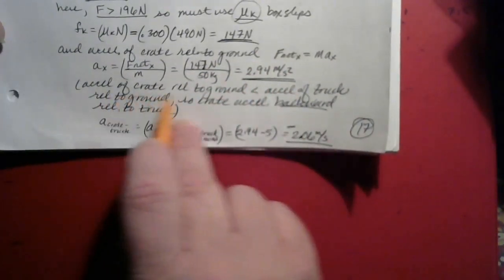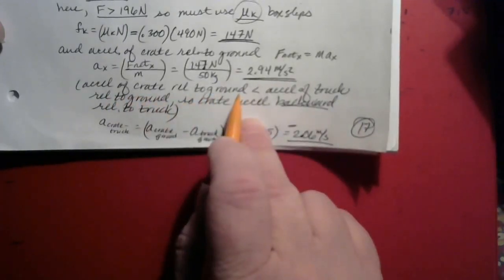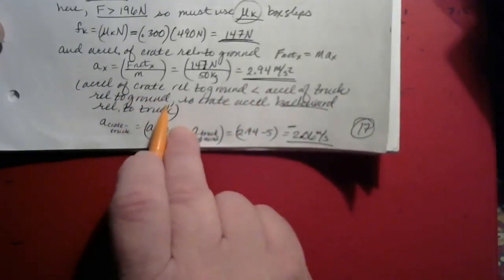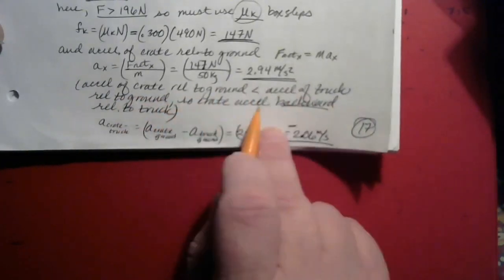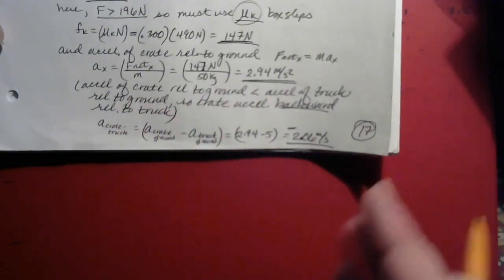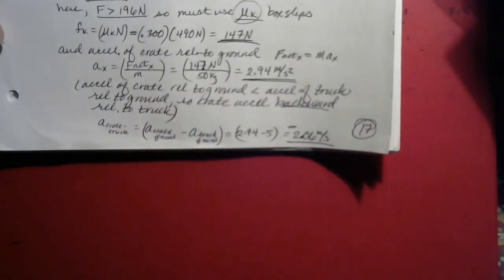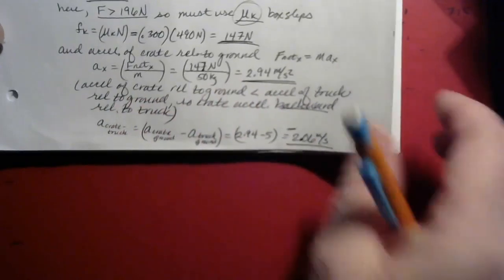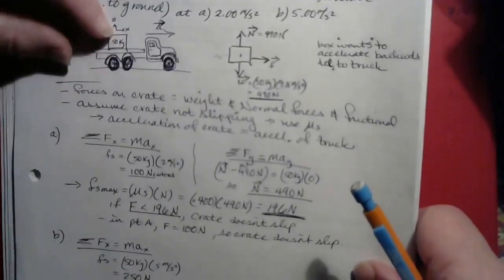Notice that the acceleration of the crate or the box relative to the ground is actually less than the acceleration of the truck relative to the ground. So the crate's acceleration is actually backwards relative to the truck. In other words, from the point of view of the truck, the crate appears to be moving backwards. And you can think of that also from an inertial point of view.